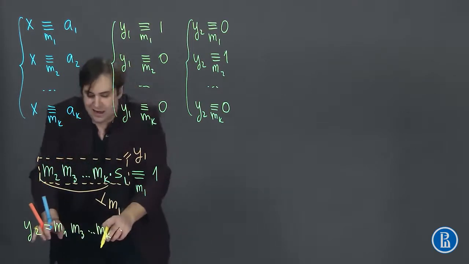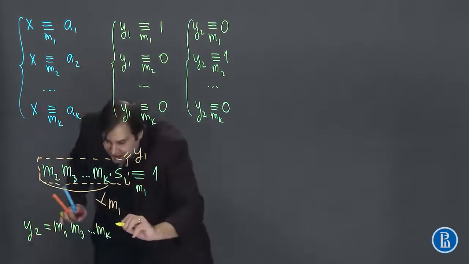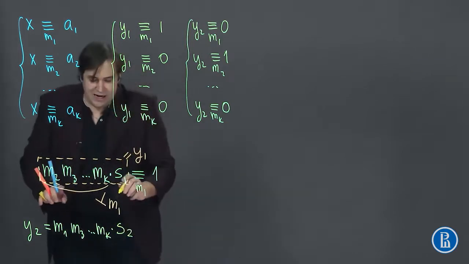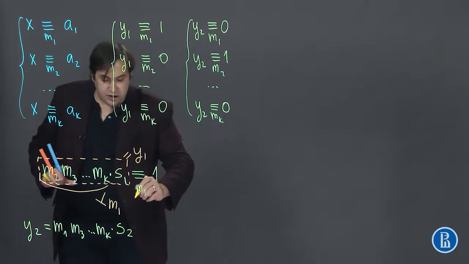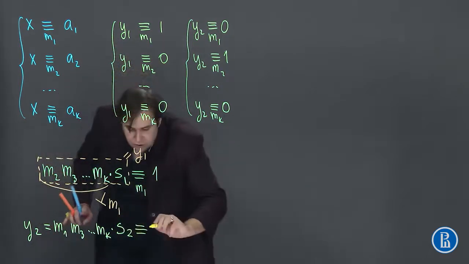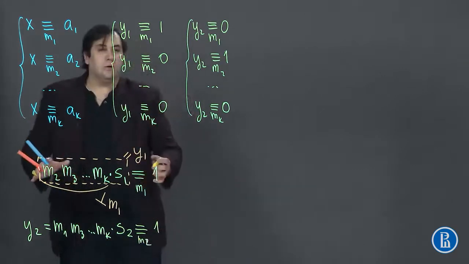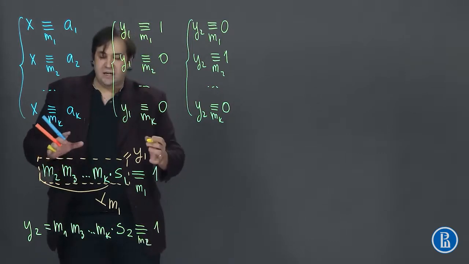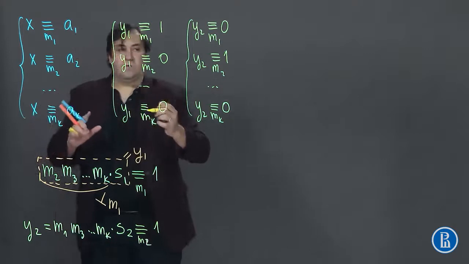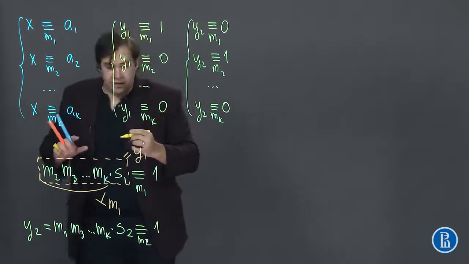This is the product of all m's except for m2, and multiplied by s2, where s2 is such an integer that this product is congruent to 1 modulo m2, and so on. So we can find y's for every modulus from m1 to mk.